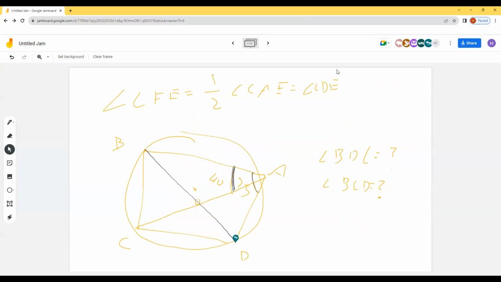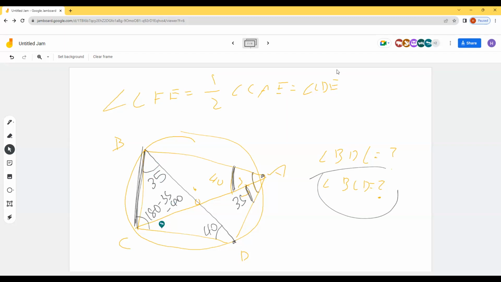And then that angle will be 40, as we learned in that theorem before, that if these are the same line and the third point is on the circle, then these two angles would be the same. And then this angle would be 35. Well, for the second part, this angle would be 35, and therefore that angle would be 35. And since angles in a triangle add up to 180, that angle would just be 180 minus 35 minus 40, which is 105.